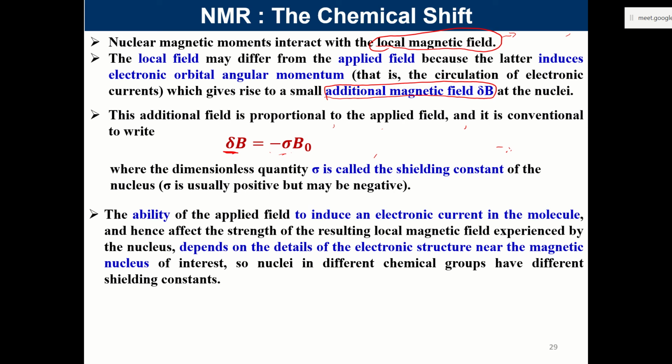This layer of outer electrons does not allow the external magnetic field to reach the nucleus in the same way, so you can expect some weakening because of the shielding. Sometimes it can be positive or negative, which we will see later with examples. But mostly you will find that the sign of the shielding constant is positive, and when it is negative, then a de-shielding effect will be there. We'll see that.